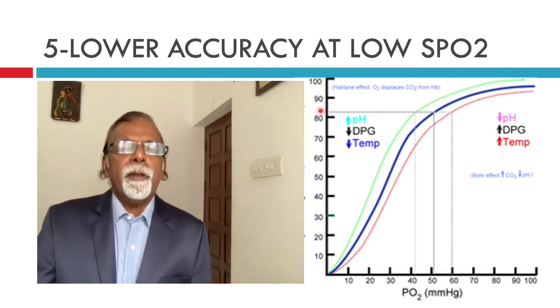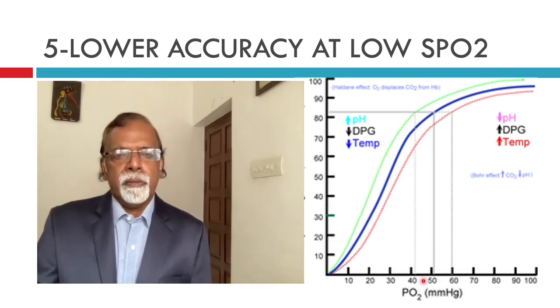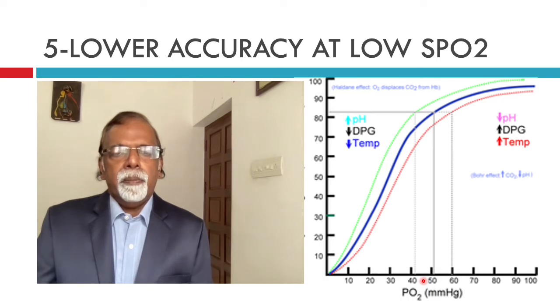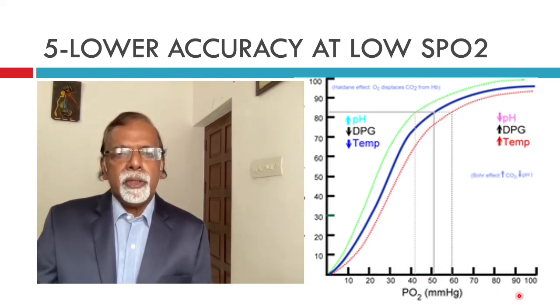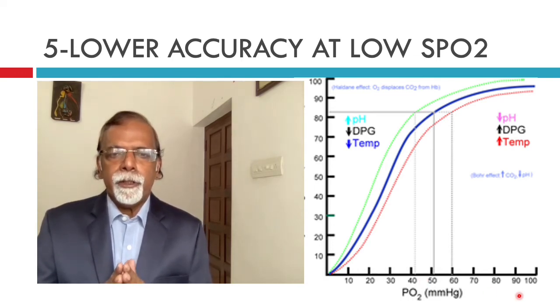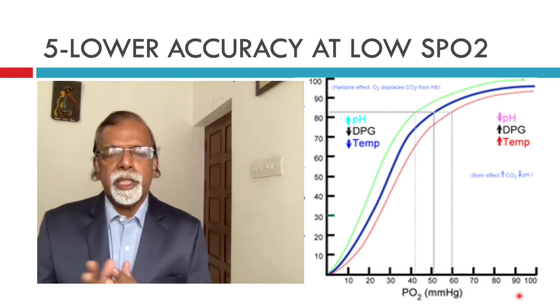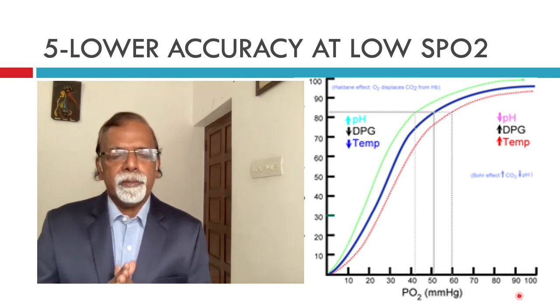Only once the SpO2 becomes less than 85 do you get cyanosis, and by that time the oxygen tension in the blood is very low. The PaO2 is usually between 90 to 100, or 95 to 100 is the usual normal. So this point is to be kept in mind when you are reading SpO2.